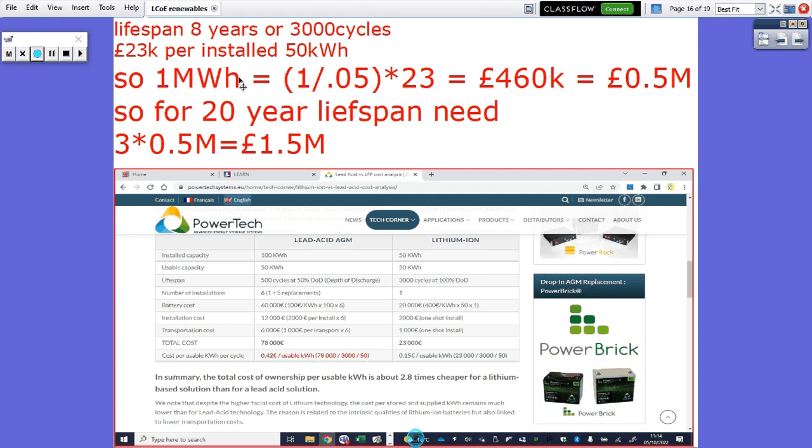However, if we have to replace these batteries, say 3 times over a 20-year period, then the cost at current prices would be £1.5 million.